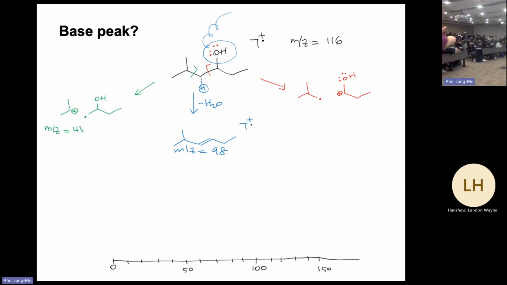Okay, so the other thing is alpha cleavages. So what are alpha cleavages? Whenever you've got oxygen, nitrogen, or a carbon as a substituent, we are talking about the carbon bearing that substituent, and the next carbon cleaves. That's an alpha cleavage. So why is alpha cleavage happening? Because it produces a carbocation next to the oxygen, which has a lone pair.